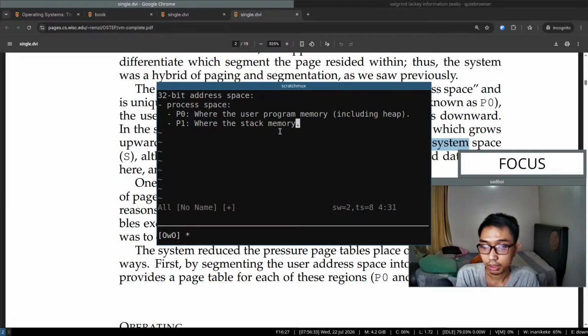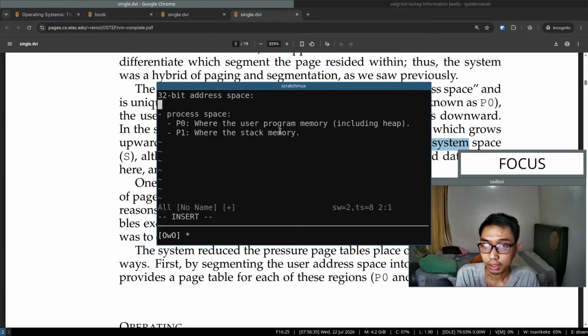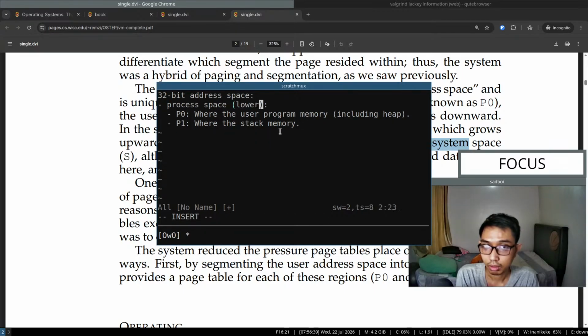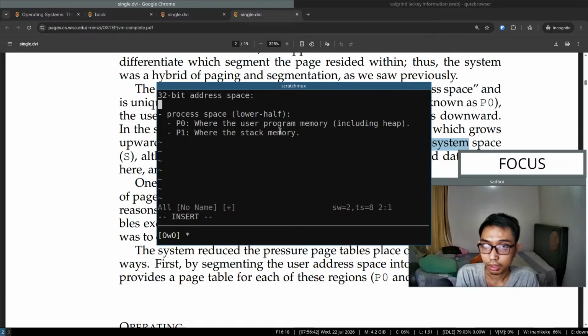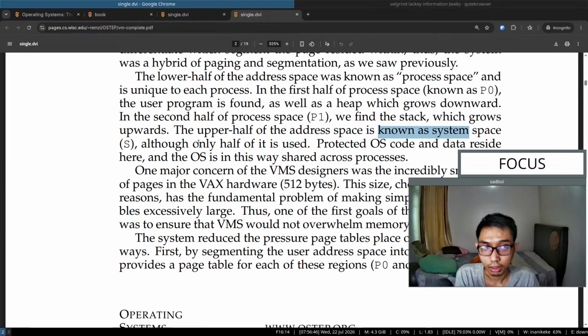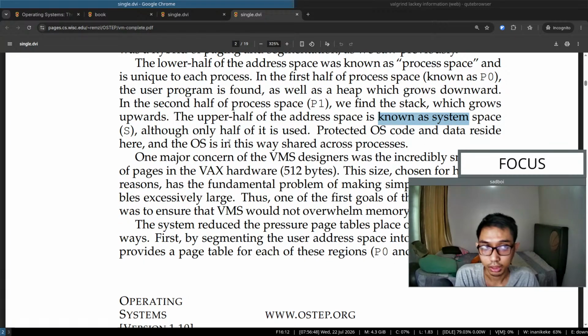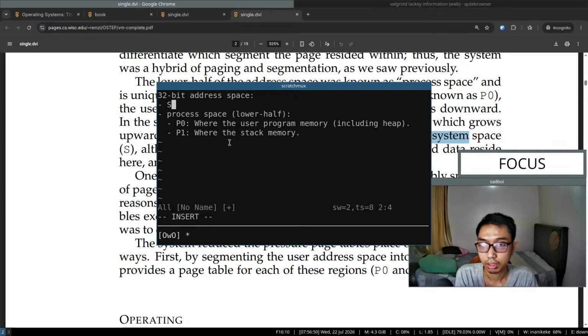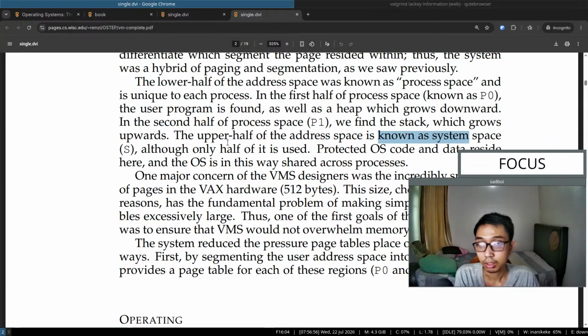That is the lower half. Then there's also the upper half, system space, although only half of it is used.